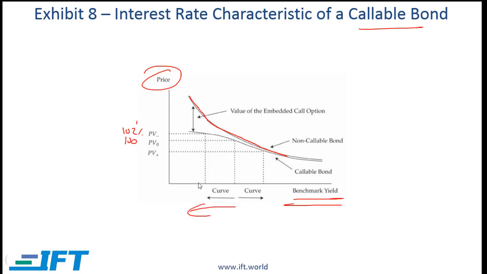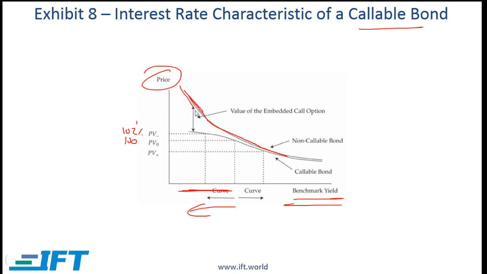As interest rates fall, the maximum the bond can be worth is 102, which means that this bond will show negative convexity. As opposed to a regular straight bond, which is convex, a callable bond will show negative convexity when interest rates are low. You can also see that the interest rate sensitivity is low.